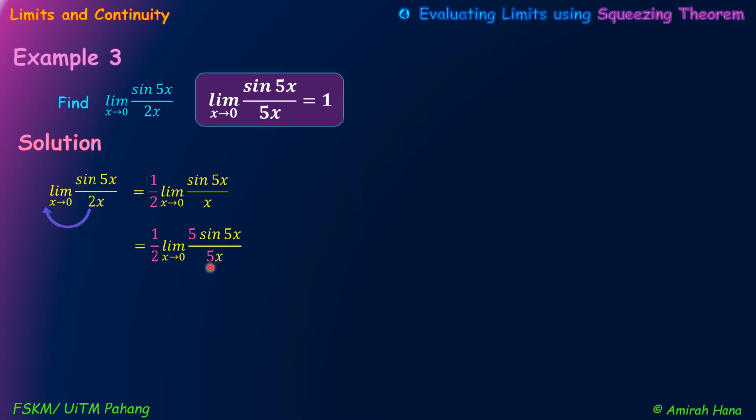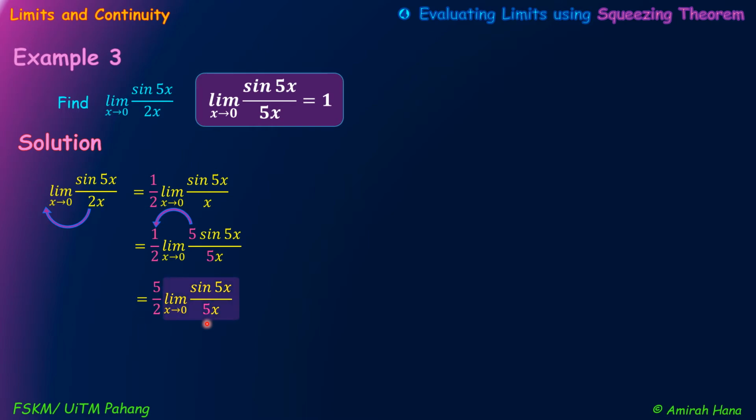Now our goal is to make this expression exactly like the theorem, so that we can say it equals 1. So from here, we can move out constant 5 from the limit expression, and we get 5 over 2 limit x approaches 0 of sine 5x over 5x.